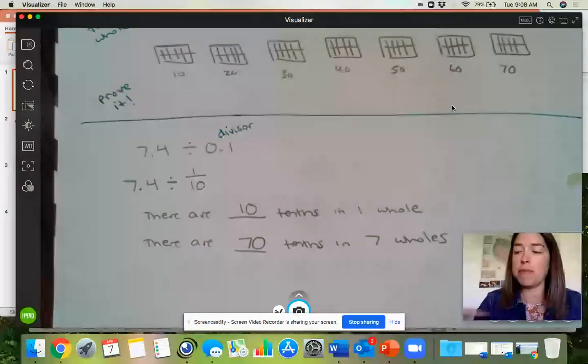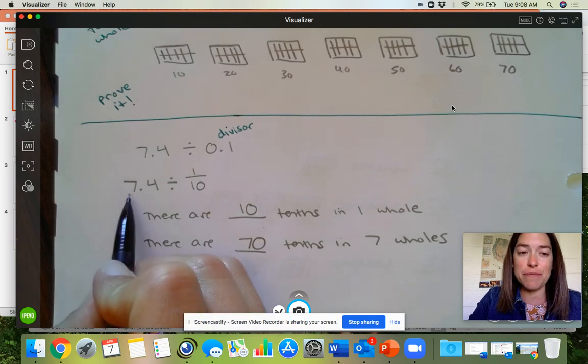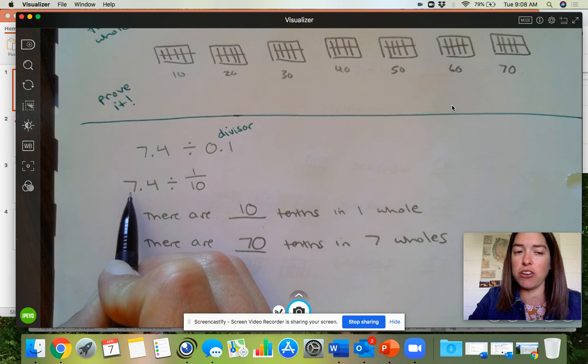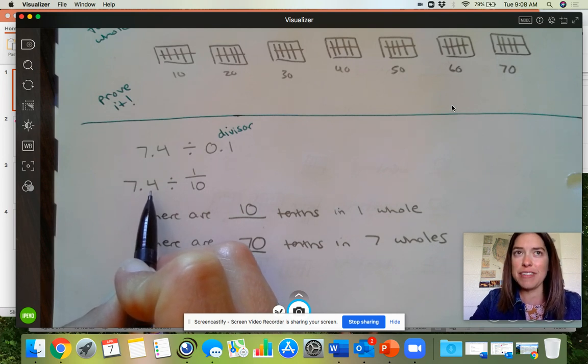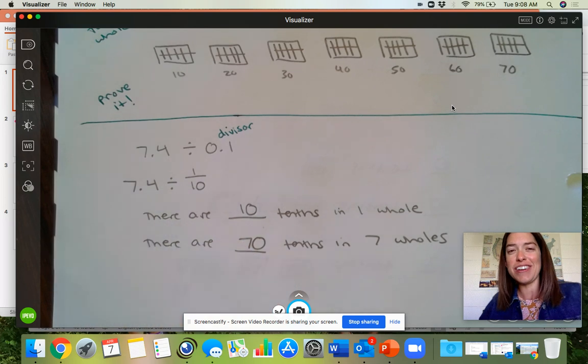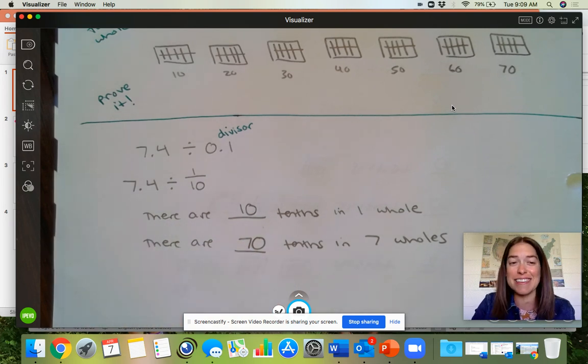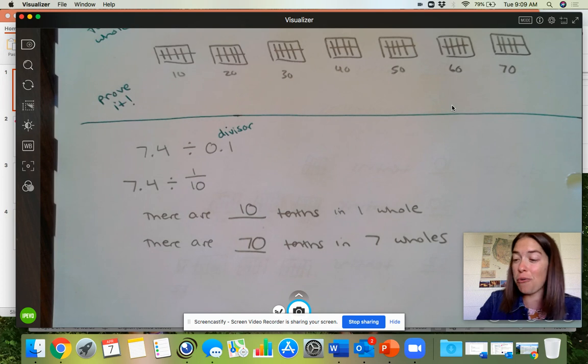But I'm not done because I don't just have 7 wholes. I also have 4 tenths. So I also need to know how many tenths are in 4 tenths. It almost sounds like a trick question, and it almost is because this should be the easiest part. How many tenths in 4 tenths?